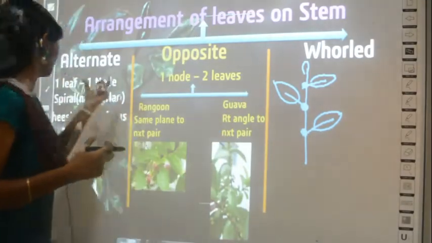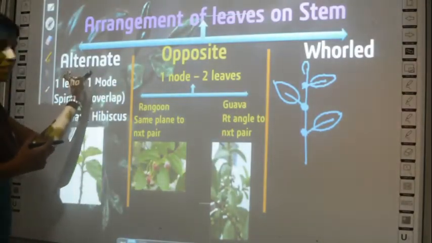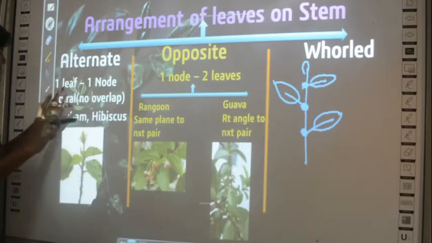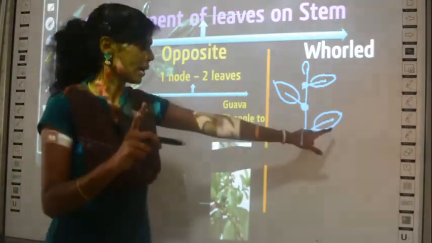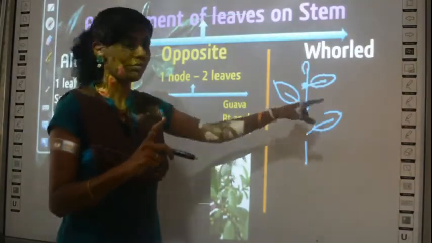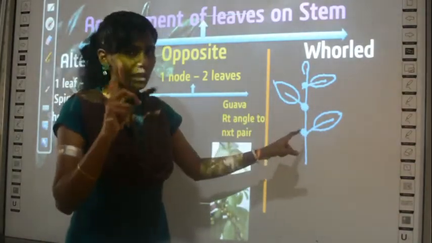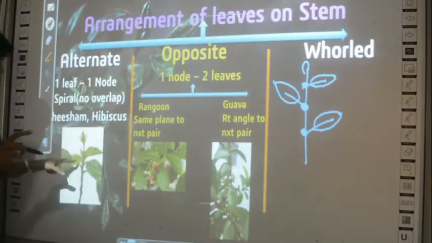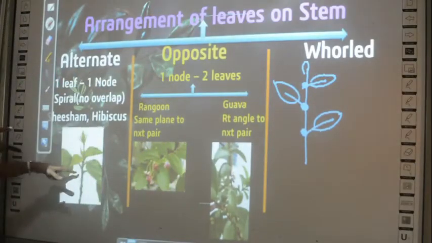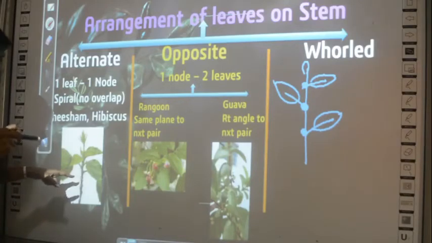So what the first type of arrangement says: in alternate arrangement, there is one leaf at one node. One node, one leaf. So if you have this type of leaf, in one node there will be only one leaf in the case of alternate arrangement. See this picture. This is the picture of the hibiscus plant, shoe flower.